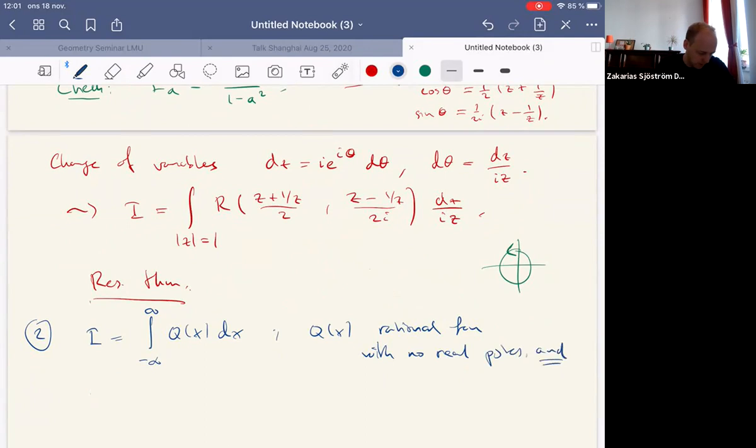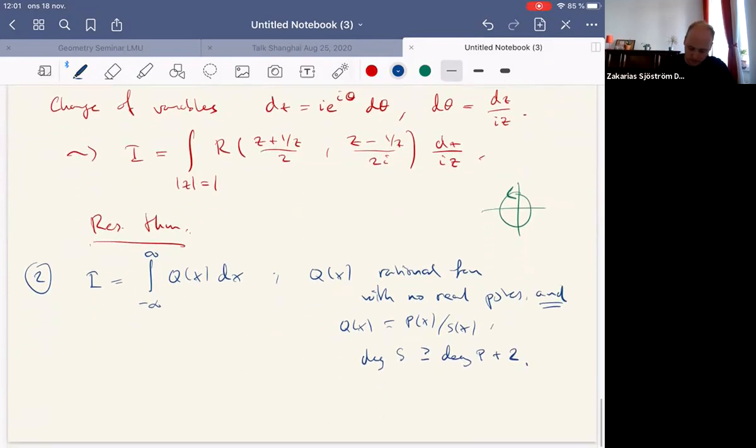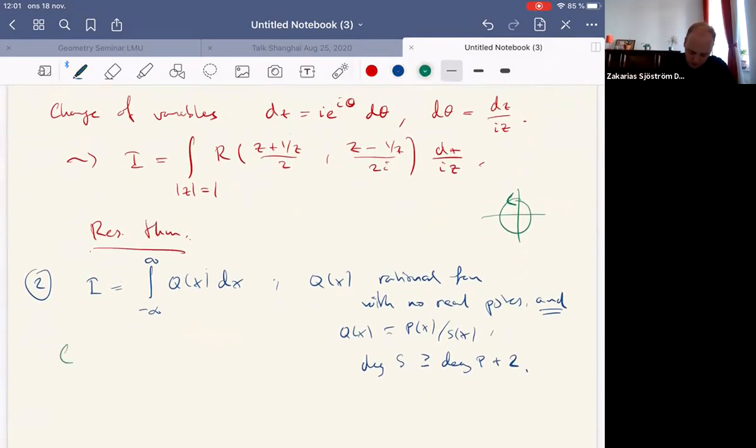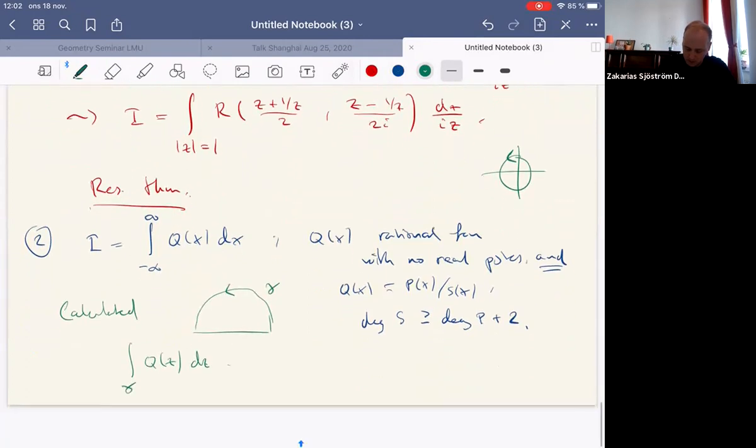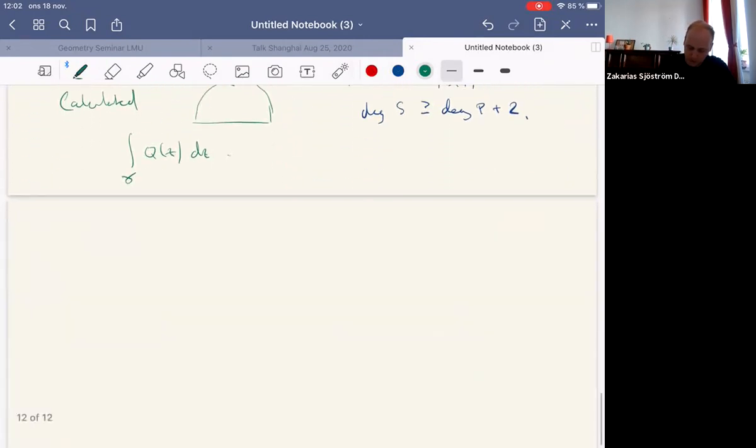And we also ask that, if q of x is equal to p of x over s of x, just like earlier, the degree of s is greater than or equal to degree of p plus 2 to assure convergence. And this one is calculated along such semicircle contours, and just integrating q of z dz along this gap. So you just do the same thing. So this is the easiest one, and apply the residue theorem.